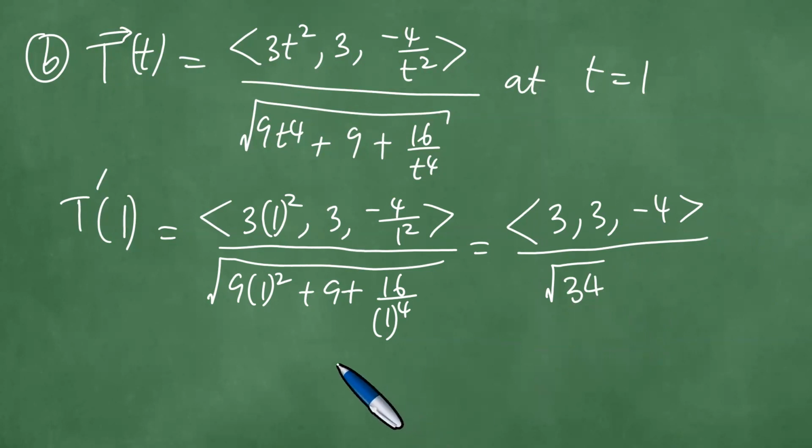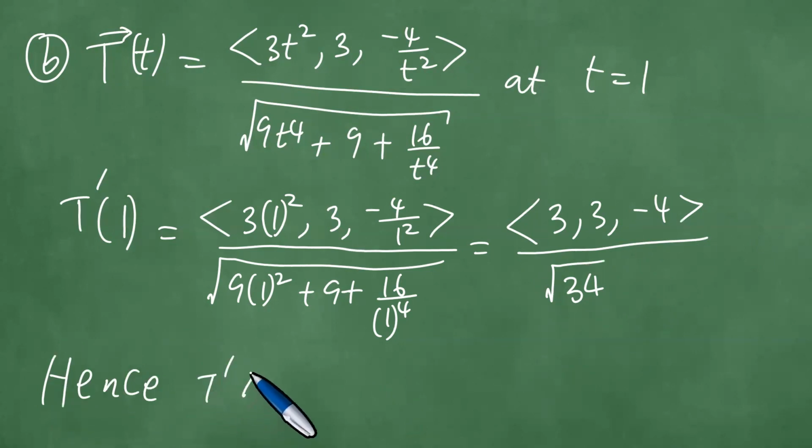The question obviously we continue to ask is, so in other words, here we can then say hence, our T of 1 vector is not primed.